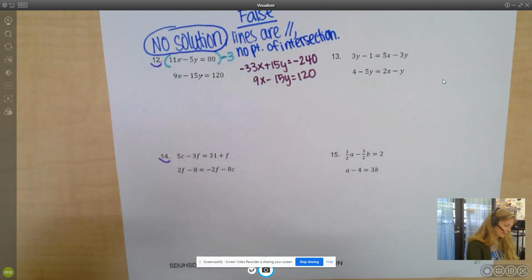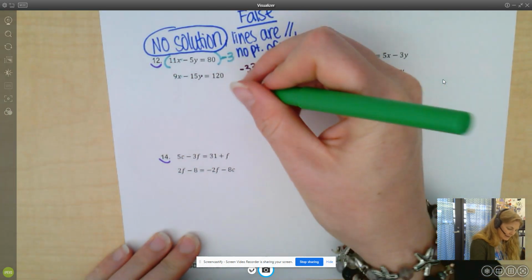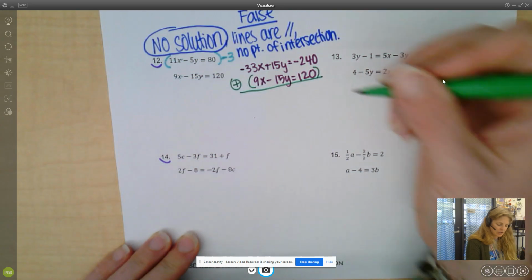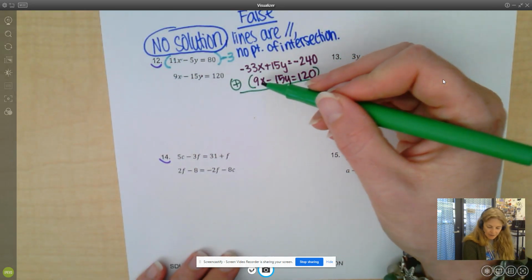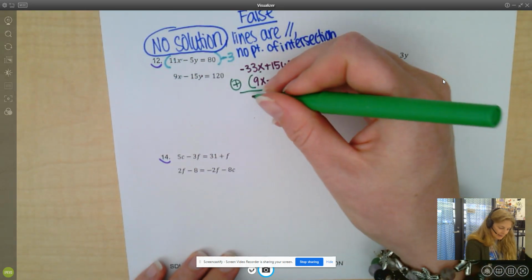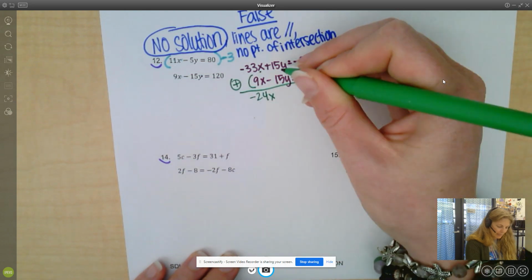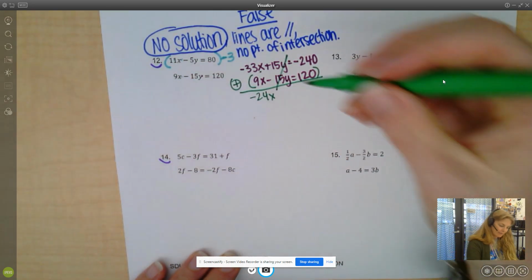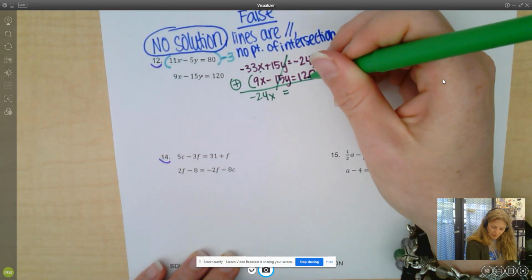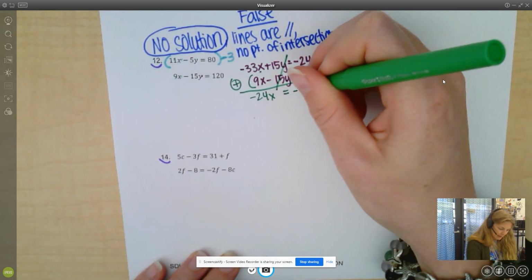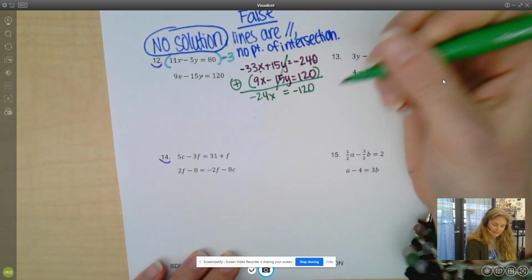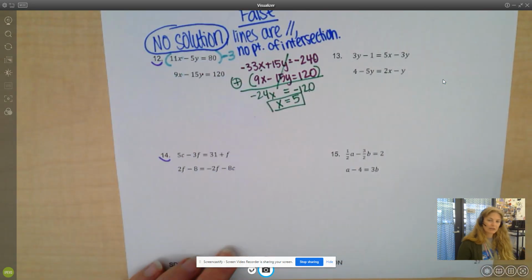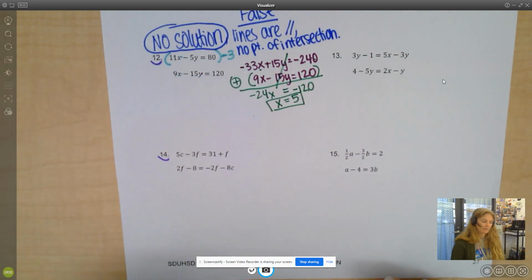Remember, I said that I was going to be adding the system here, putting parentheses around my entire second equation to add them up. -33x plus 9x gets me -24x. 15y plus -15y cancels y. -240 plus 120 gets me -120. Divide both sides by -24, and x is equal to 5. Which is awesome. Now I just have to solve for y.